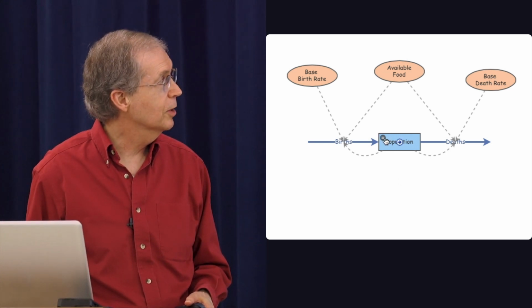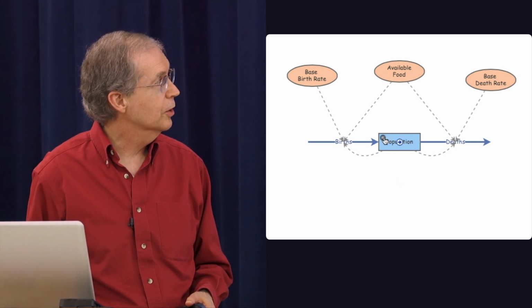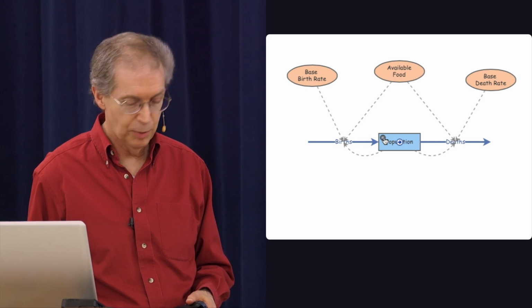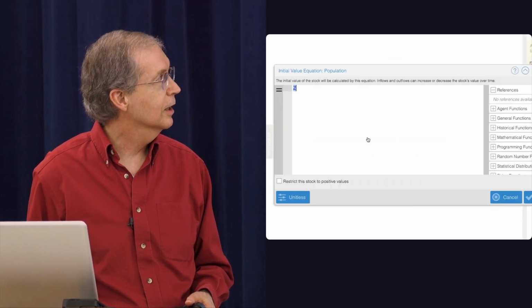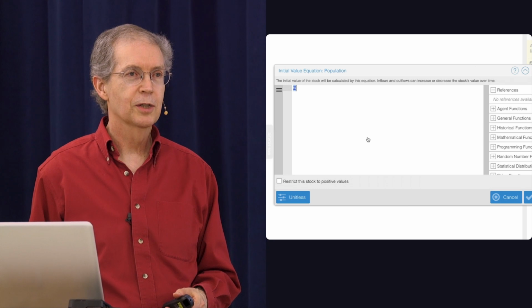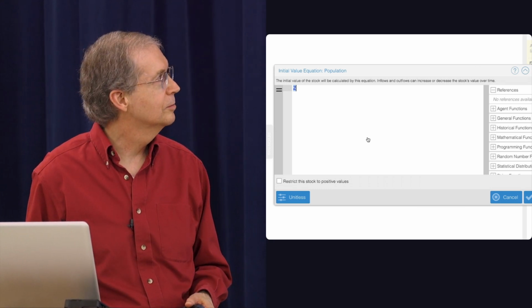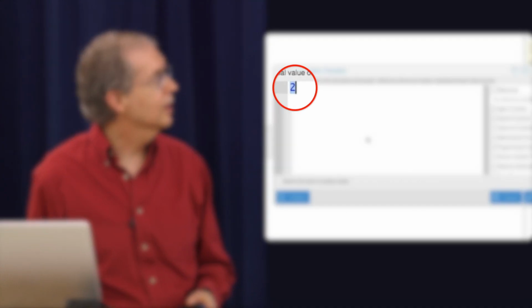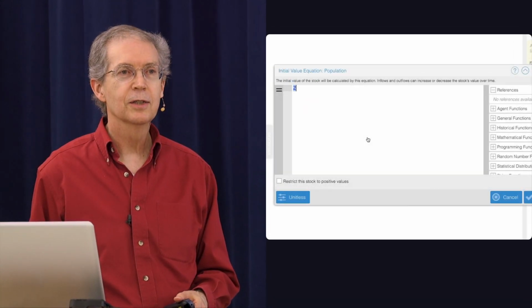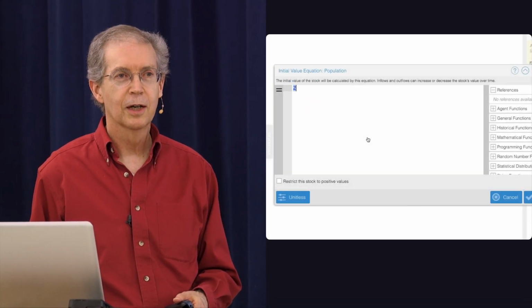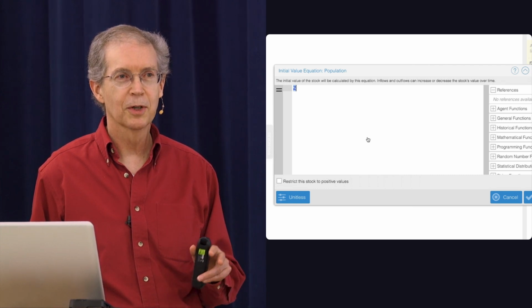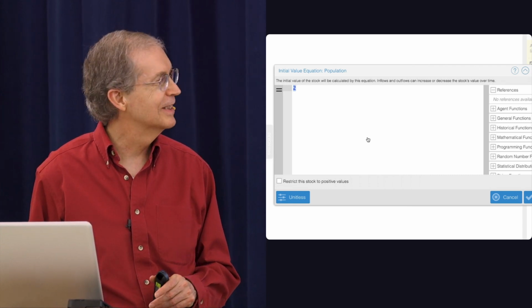If I come here to population, as soon as I move my cursor over it, there's this little equal sign that pops up. If I click on that, I go into the equation editor for this particular thing, and you'll see there's a number 2. Well, that's the initial value of the population. I figured I couldn't start with 1. If we were going to have any births, we had to have at least 2.